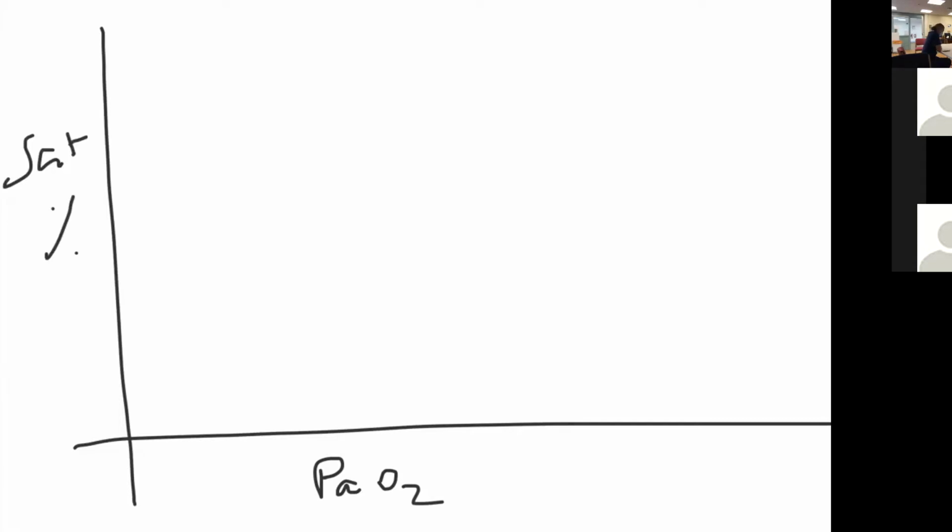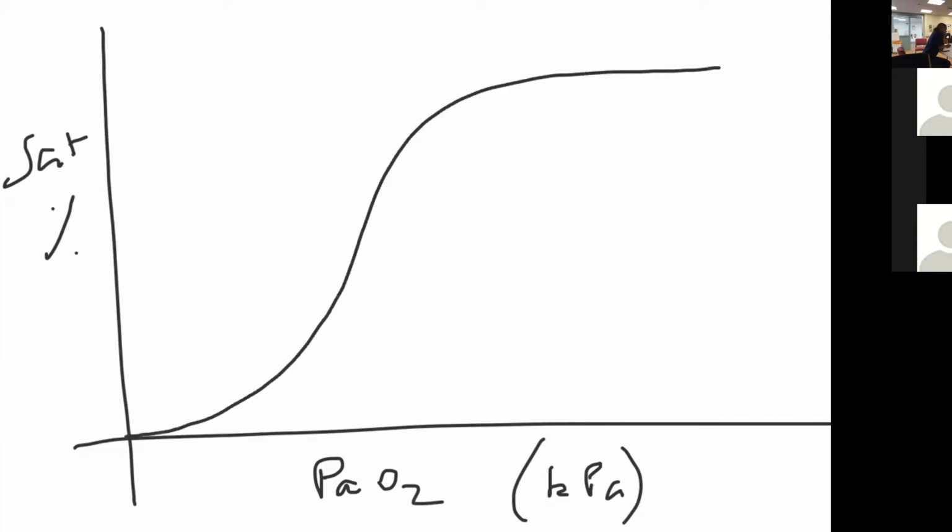The arterial oxygen tension is usually expressed in kilopascals, and the saturation is expressed as a percentage. It has a characteristic sigmoid shape due to the cooperative binding nature of hemoglobin, i.e. the first oxygen molecule is the hardest to bind, and each successive oxygen molecule is easier to bind from that point onwards.